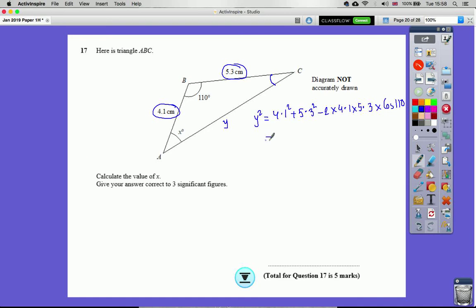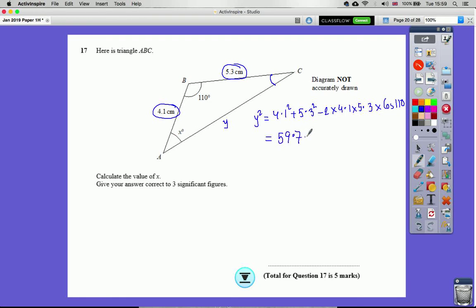So let's see what we get there. I use the calculator. 4.1 squared plus 5.3 squared minus 2 times 4.1 times 5.3 times cos 110 gives me 59.76.